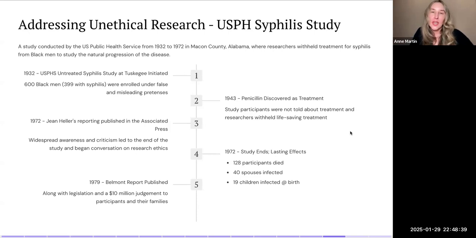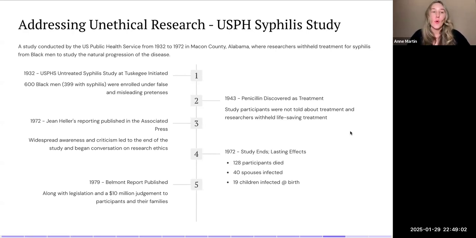And so right from the beginning, the study had ethical issues because the participants that they enrolled were in no way treated fairly. So there was no informed consent. And in fact, the participants that were enrolled were not told the real purpose of the study. And also the researchers preyed on a vulnerable group.